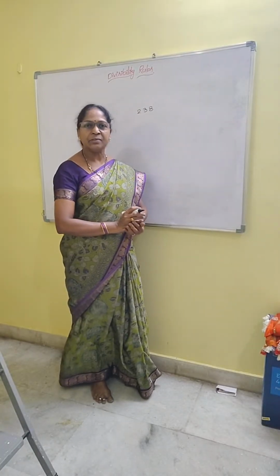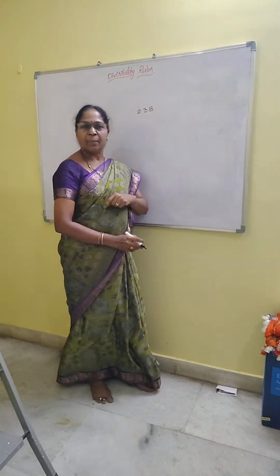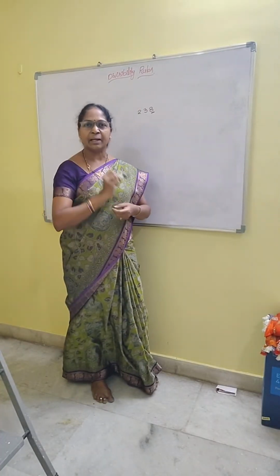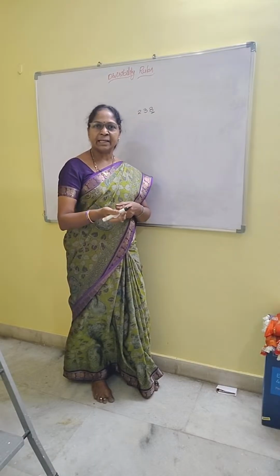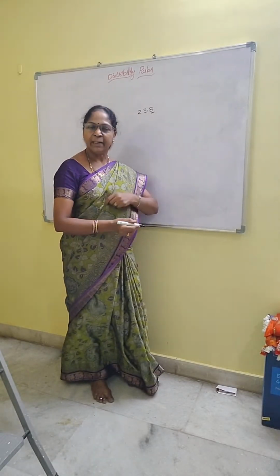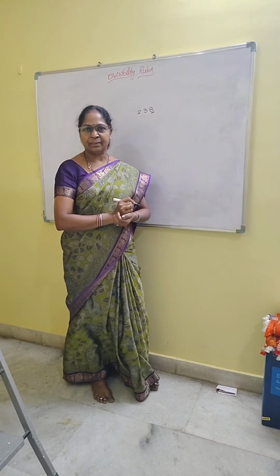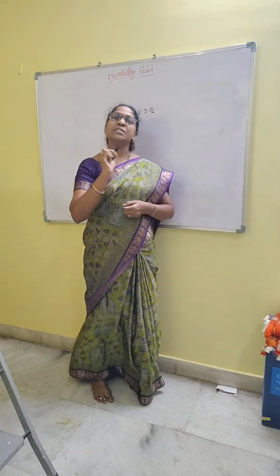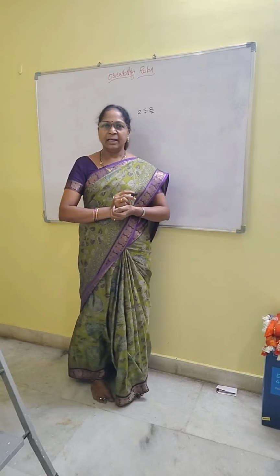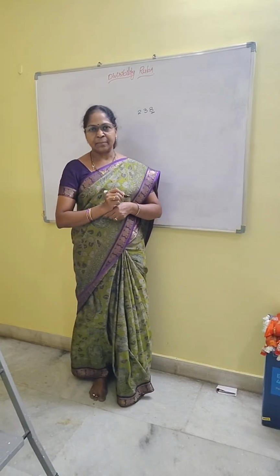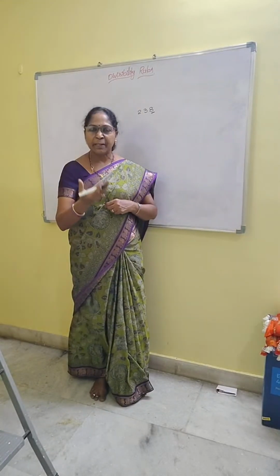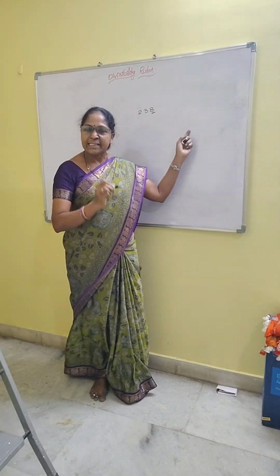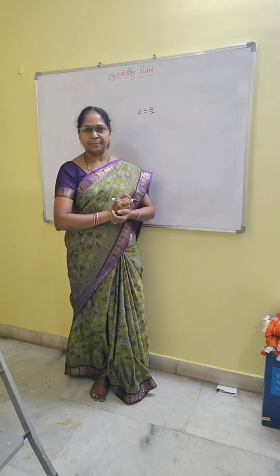If the unit digit place of the number is an even number, then you can say it is divisible by 2. That is the divisibility rule. The process of checking whether a number is divisible by another given number without doing division is called divisibility.